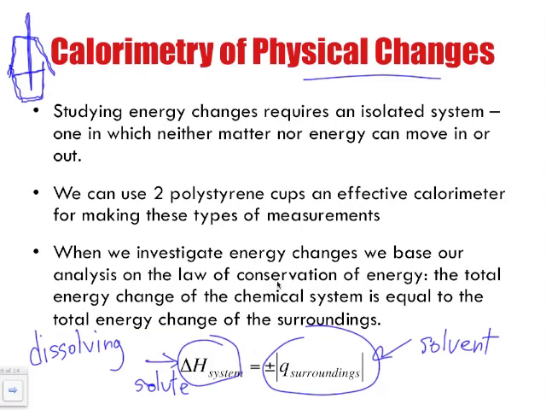A lot of the times the solvent will be water. So if the solvent is going to be water, we're going to find our Q is equal to mc delta T, as we've seen in the previous sample problem. And our delta H of the system is whatever might be doing the dissolving, as just an example of a physical change.